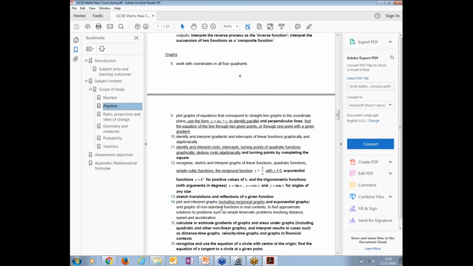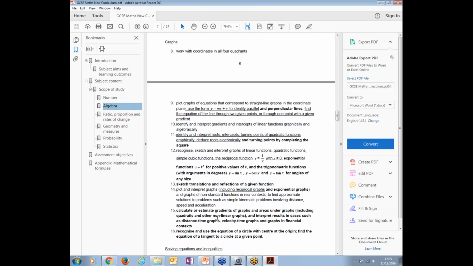Plot and interpret graphs. Here we go. Find approximate solutions to problems such as simple kinematic problems involving distance, speed, and acceleration. So that's using graphs.